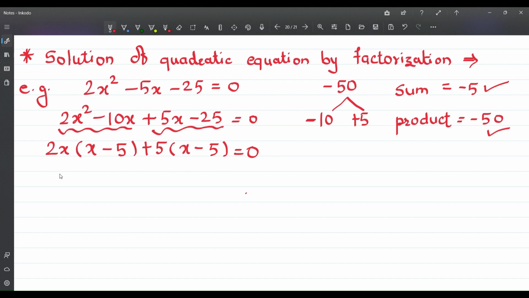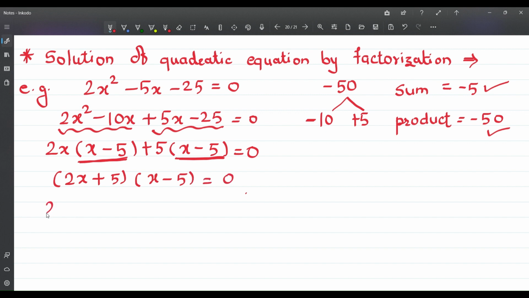So we have two factors such that, let us write like this, 2x plus 5, because this term is common. So we'll take 2x plus 5 in one bracket, and in the second bracket x minus 5. We'll write this equation like this.